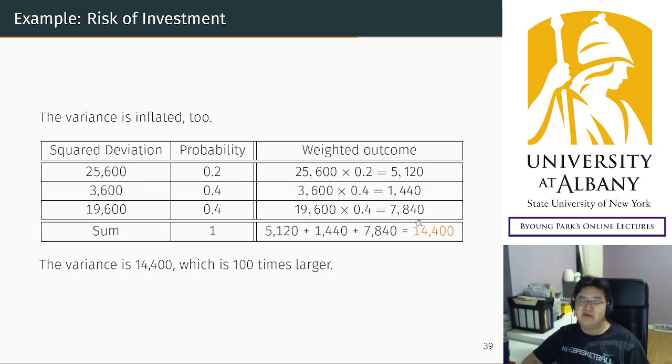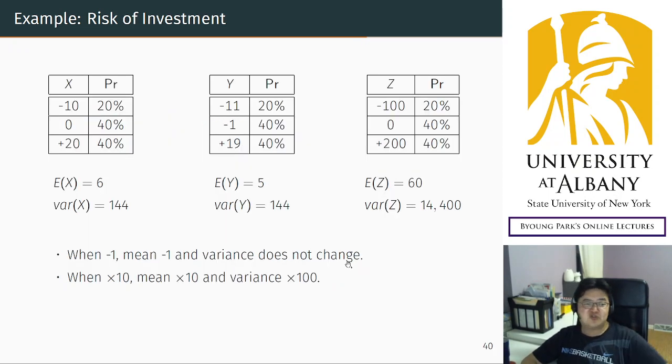This is the mean of the square deviations. And as you see, the original variance was 144, but now it becomes 14,400. So it becomes not 10 times larger, but 100 times larger. This is tricky, and it is actually a problem.